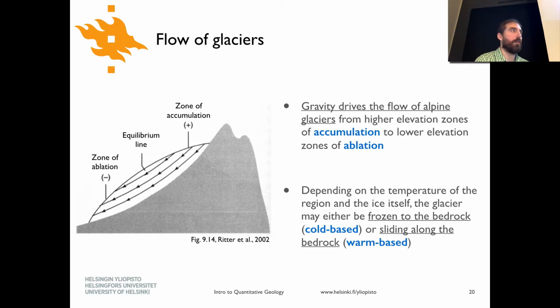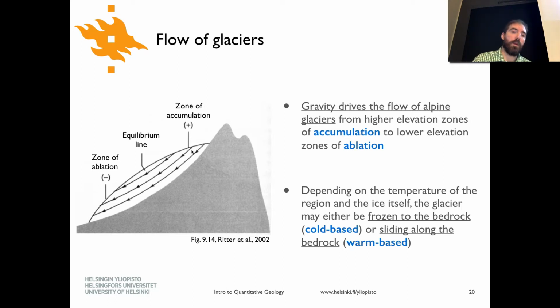And we'll start with a really simple picture of what a glacier looks like in a valley. So we're looking at kind of mountainous glaciers. And essentially we have the zone of snow accumulation up at high elevations and a zone of ablation where down at low elevations we have melting or ice falling off into the seawater if the glacier has reached sea level.